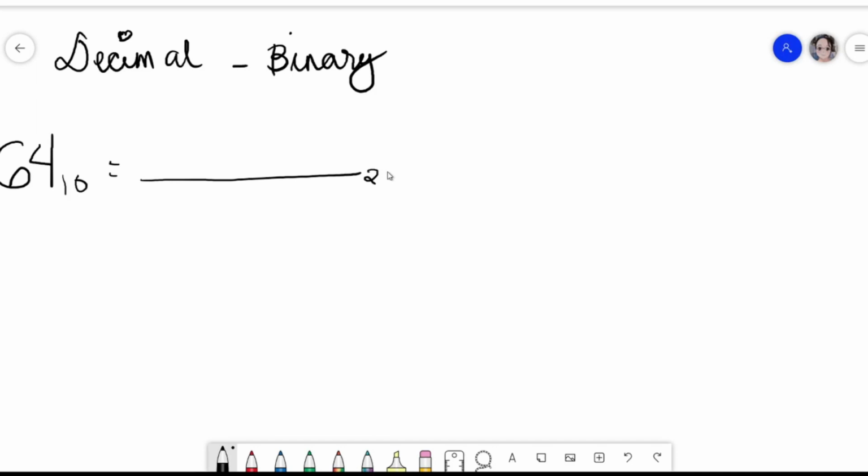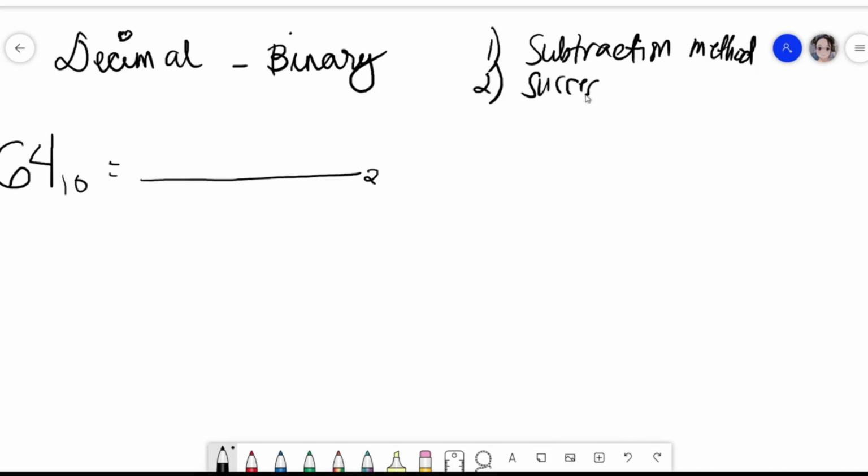So actually guys, there are two ways in how you're going to convert this value into binary form. The first one is through subtraction, so take note, the subtraction method, and the second one is the successive division.